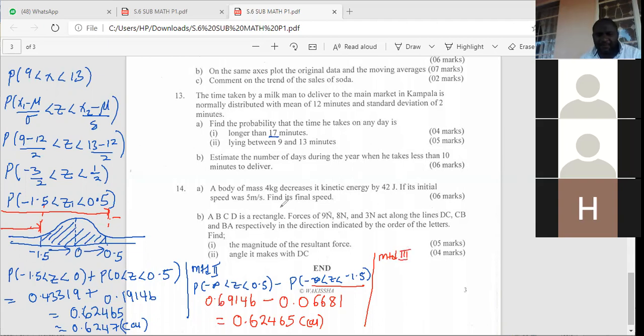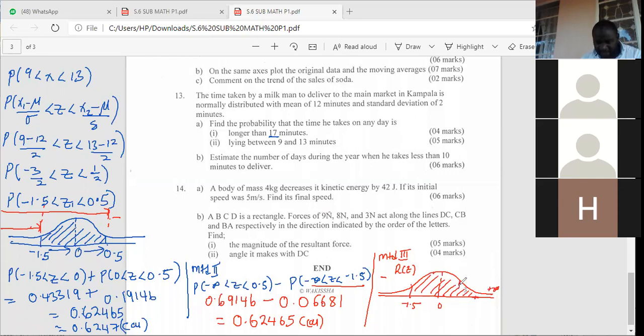For method 3, I am going to have to use Q. But this is how Q is going to look like. No, I'm going to use R. Whereby R, remember, reads from where you are up to positive infinity. So to start with, we have negative 1.5, which will be the bigger probability, up to positive infinity.